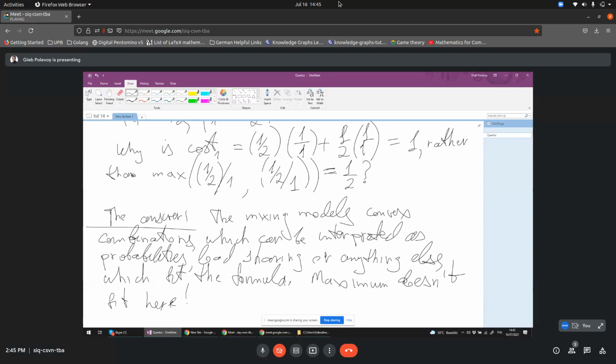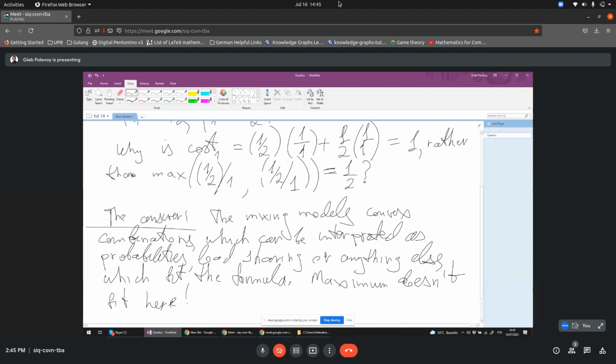By the way, in general, when we have this strategy, there is a chance that mixing in general, so when I take half of some strategy in any game, forget this game, there is a chance that it's going to be non-linear. It's not going to influence the situation in a linear manner.